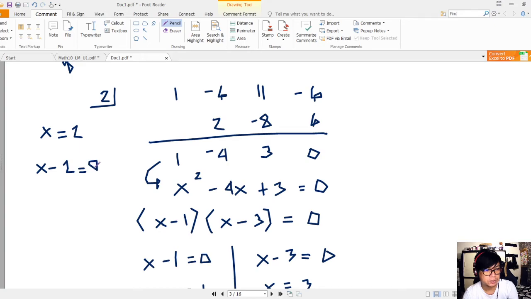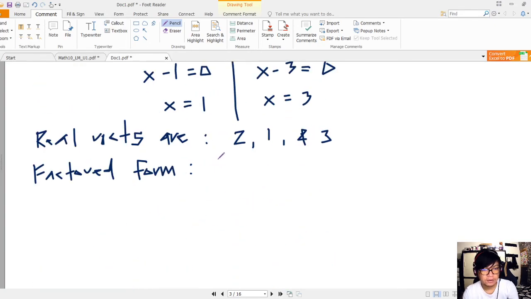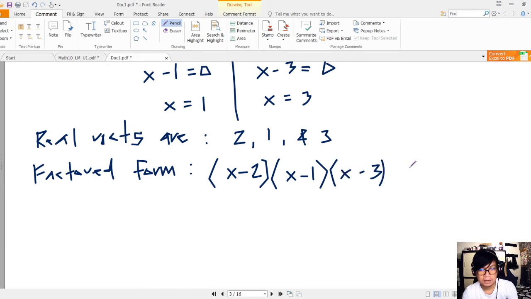So, x minus 2 yan siya. So, the factored form is x minus 2 times x minus 1 times x minus 3 is equal to 0.